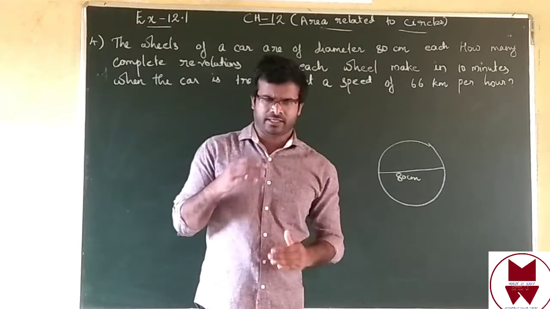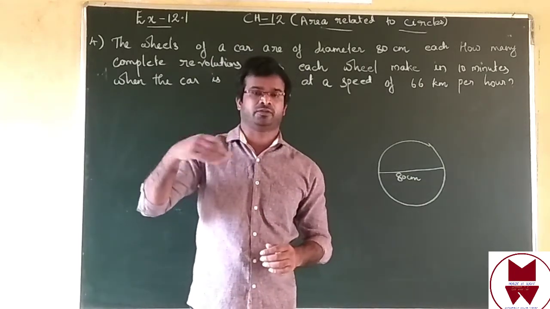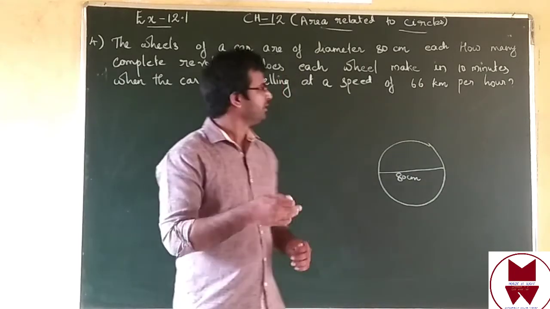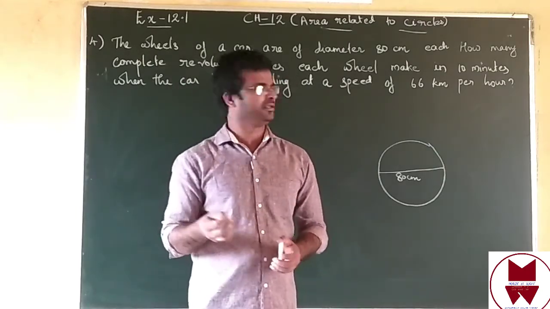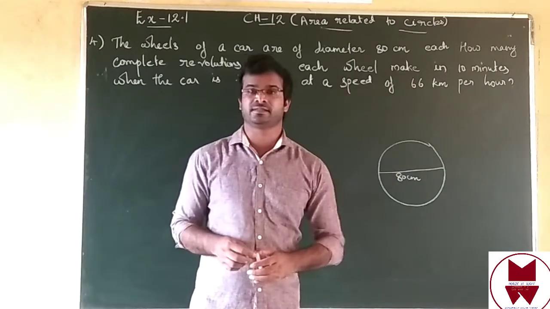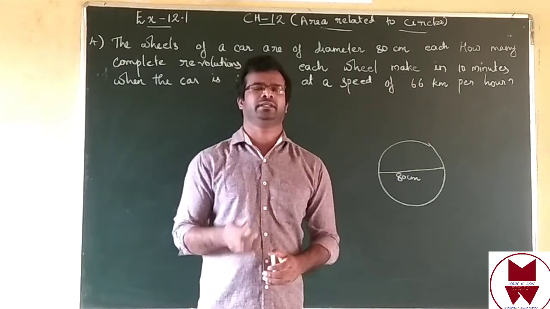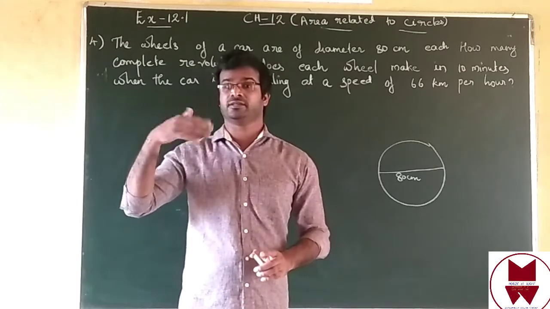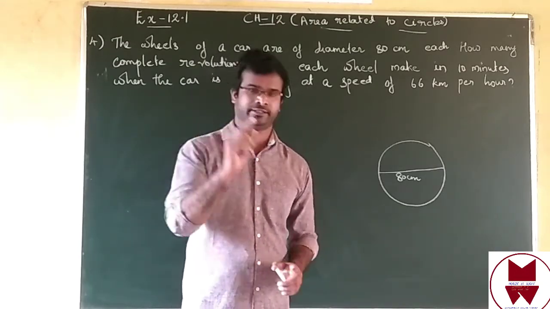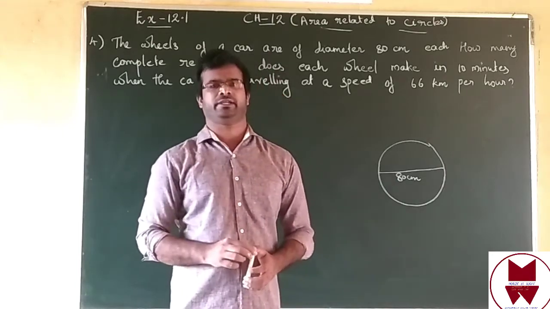When a car travels, the tire will rotate, isn't it? The car runs for 10 minutes at a speed of 66 km per hour. Then after 10 minutes, how many times does each tire rotate? That number of revolutions we have to find out.